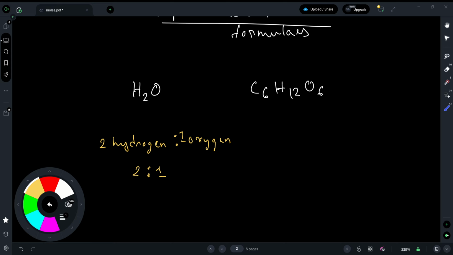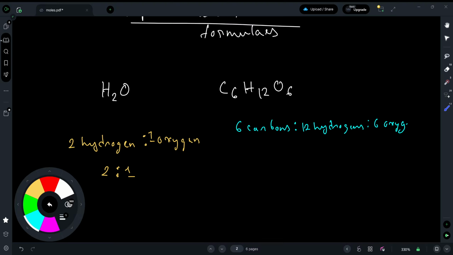For 2 hydrogens, you get 1 oxygen in this compound. Over here, glucose just means you have 6 carbons for 12 hydrogens and 6 oxygens. So that's the molecular formula, or just the chemical formula of these compounds.